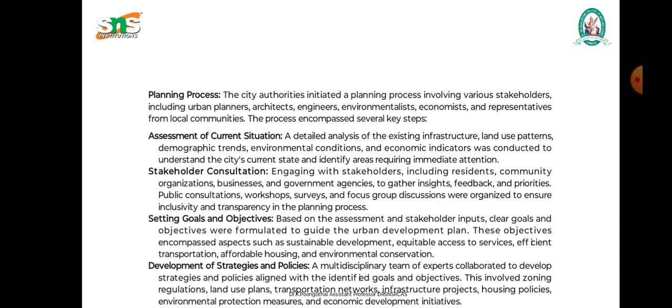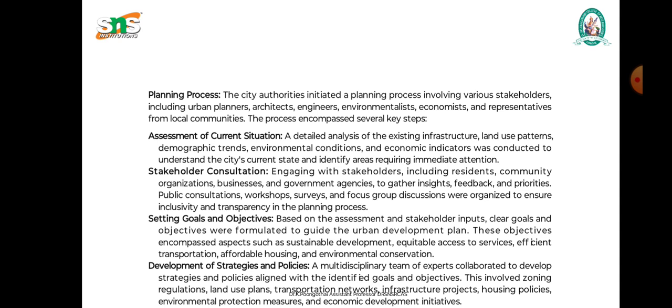And the fourth one is developing strategies and policies. In this, a multidisciplinary team of experts developed strategies and policies aligned with the identified goals and objectives. This involved regulations, land use plans, transportation networks, infrastructure projects, housing policies, environmental protection measures, and economic development initiatives.